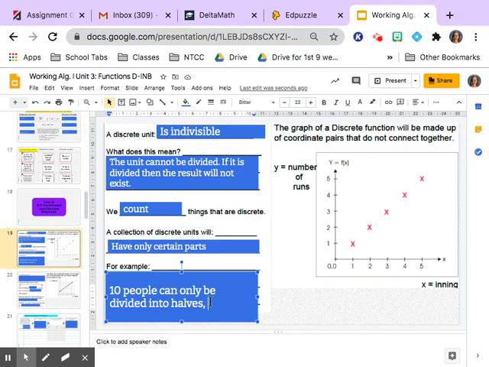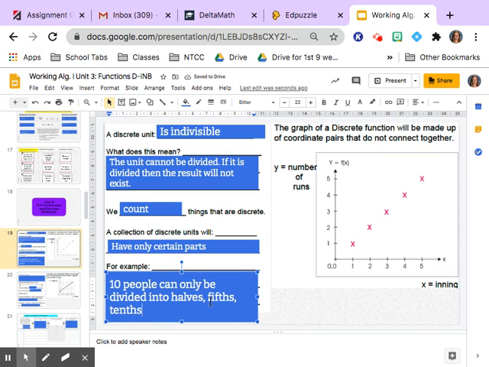What about fourths? No, because that'd be 2.5. I can't do half a person. What about fifths? If I divide it into 5 groups, how many people would be in each group? 2. And what about tenths? Yeah, because there'd be 1 in each group.